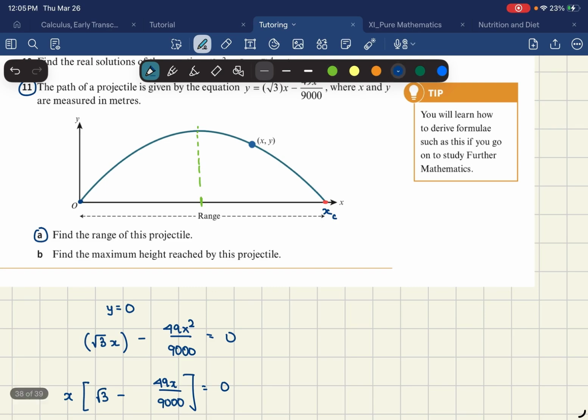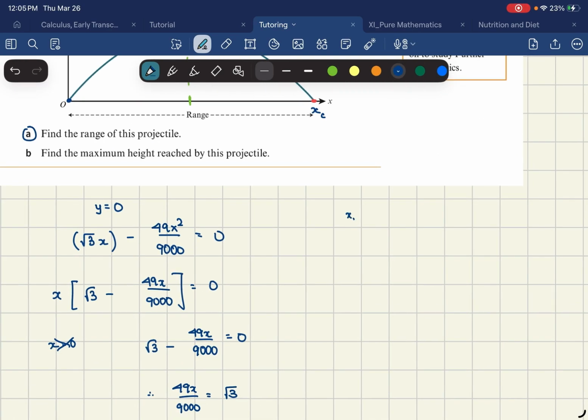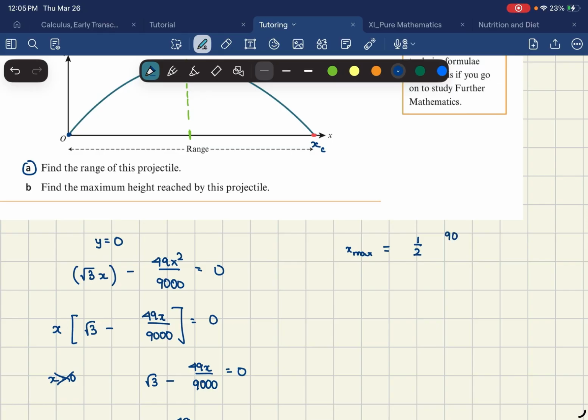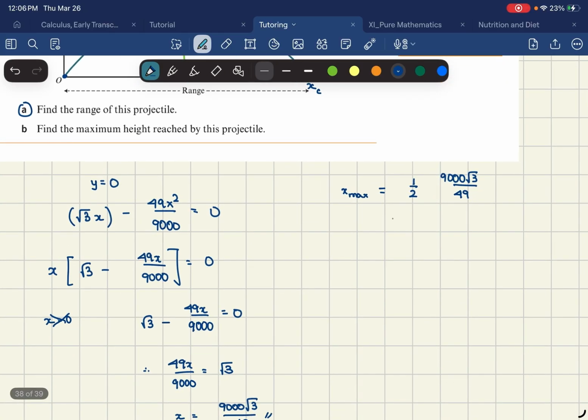So if you want to find the x coordinate where we reach the maximum height, which we call x max, that is half of the range. And the range was just 9,000 root 3 divided by 49. So x max is attained at 4,500 root 3 by 49, right?